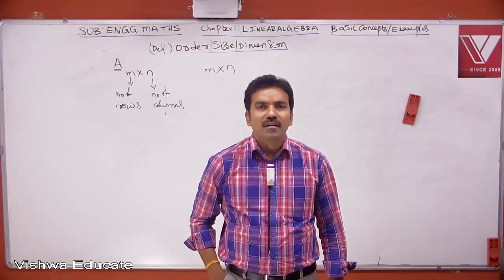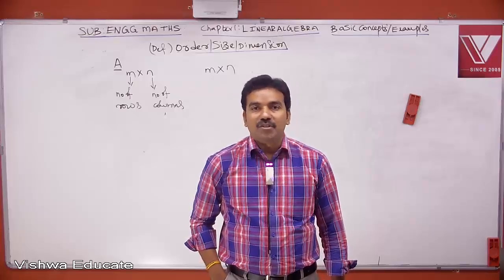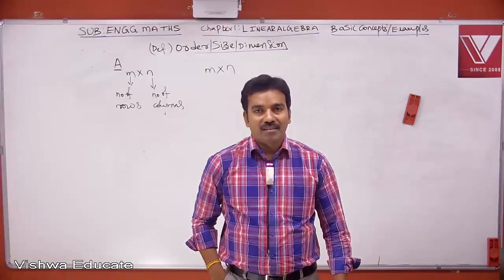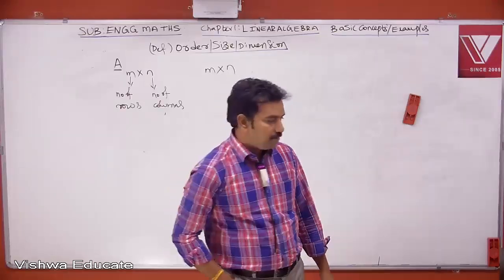So in the future, sometimes I may use the word dimension, sometimes I may use the word size, sometimes I may use the word order. Everything is the same, right?